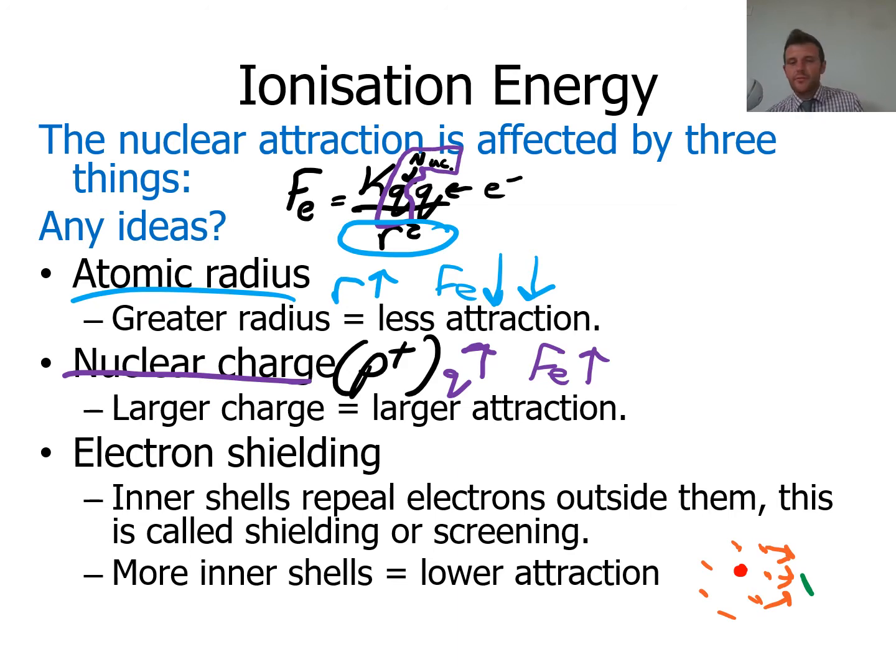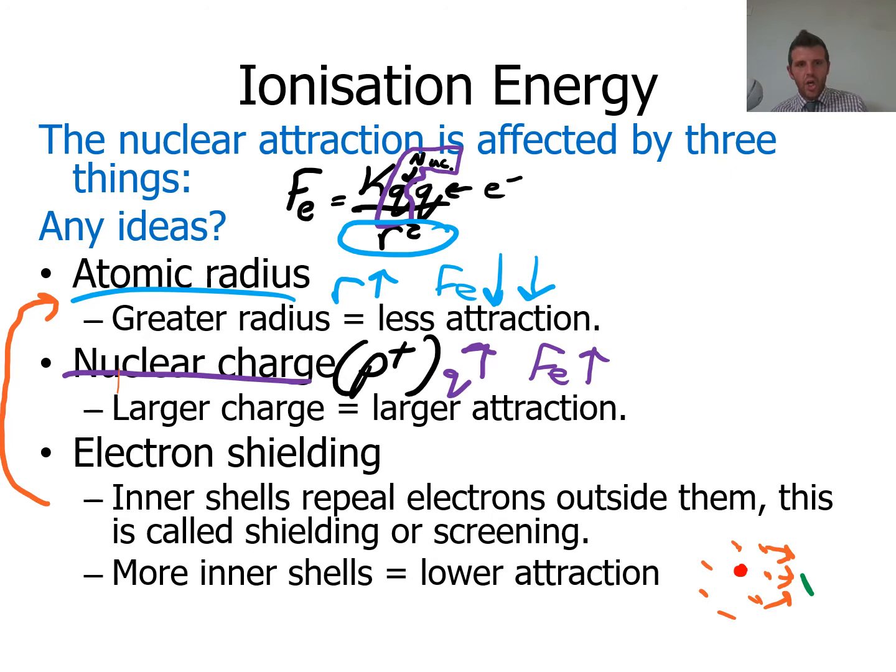In other words, what that really means is it's just going to have an impact on radius. It's going to push the farthest one even farther out, increasing the atomic radius, making the attraction even lower.